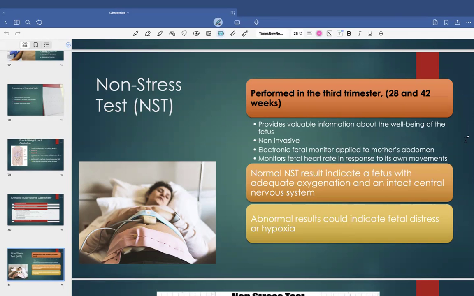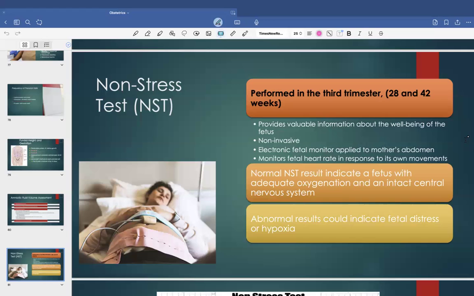All right, so non-stress test. A non-stress test, or NST, is performed in the 3rd trimester. It says 28 to 42 weeks. This is going to provide us with valuable information about the well-being of the fetus. It's non-invasive, there's no stress to the fetus or the mother during this testing.